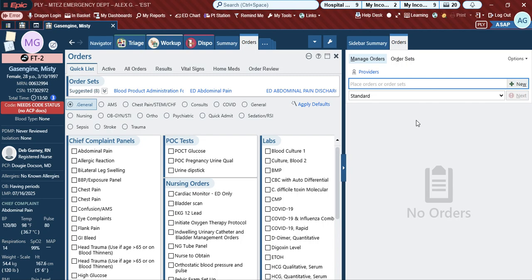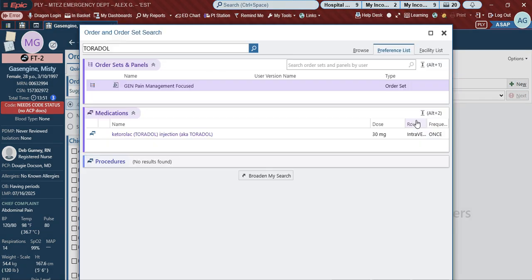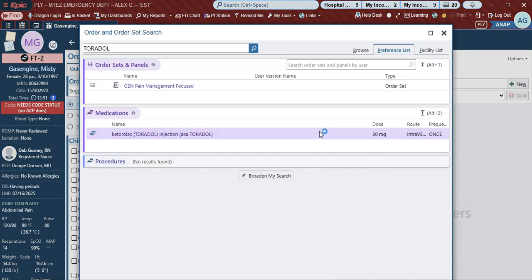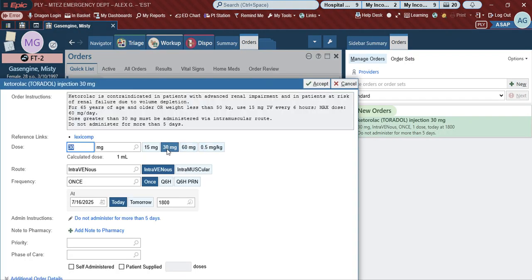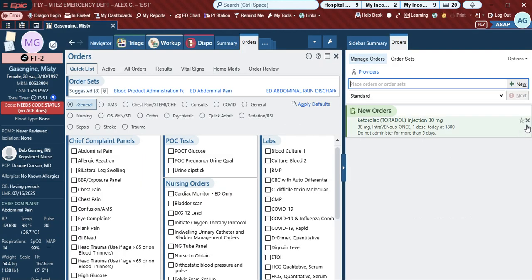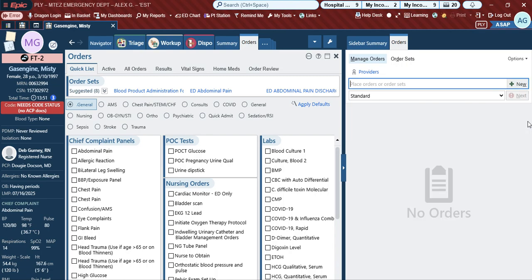If I have a patient who comes in with a sprained ankle, I'm just going to give them a little bit of Toradol. If they don't have an IV, just do a quick IM. If they do have an IV for whatever reason, you can use that. But if they're here for an isolated ankle injury, they probably won't have an IV, so just be aware of that.